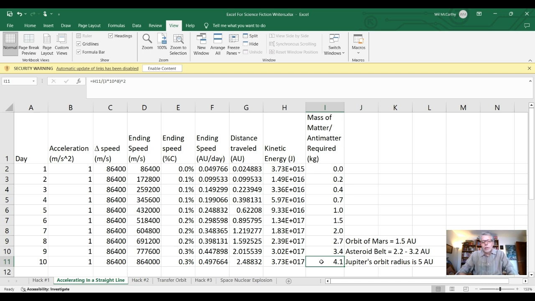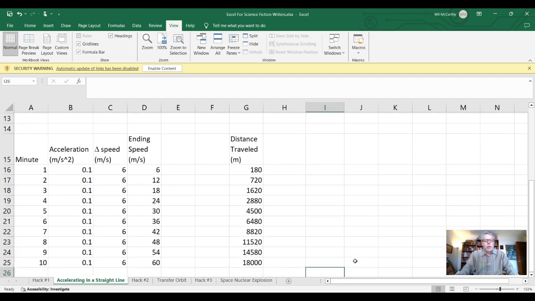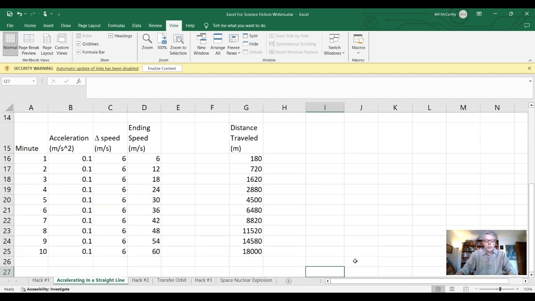So that's just something that you might want to know if you're writing a science fiction story, or if you're doing a homework problem. How easy is it to do this gentle acceleration over a period of 10 days? Well, the answer is not very easy. But anyway, we can use these same principles for a smaller problem.